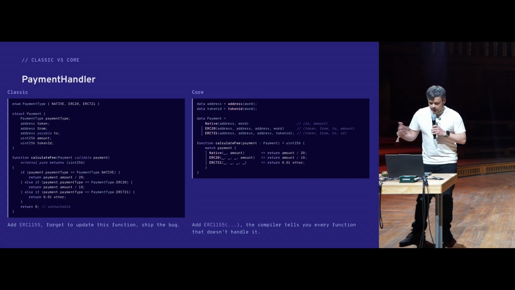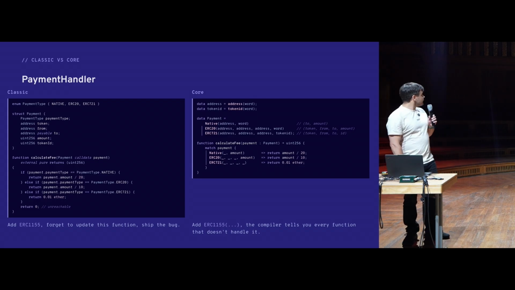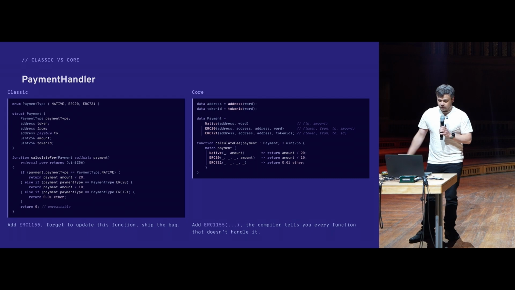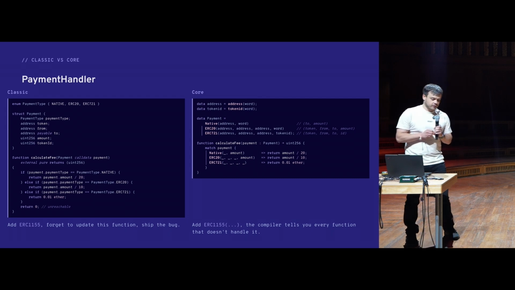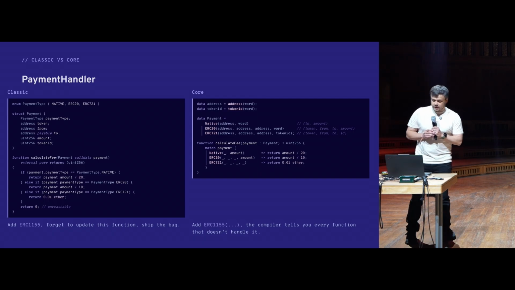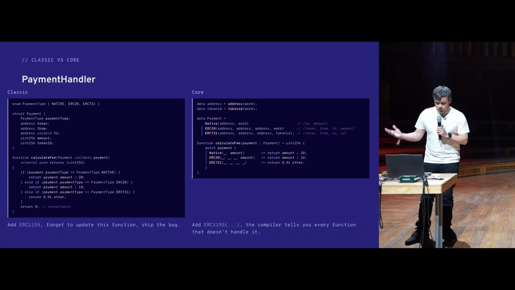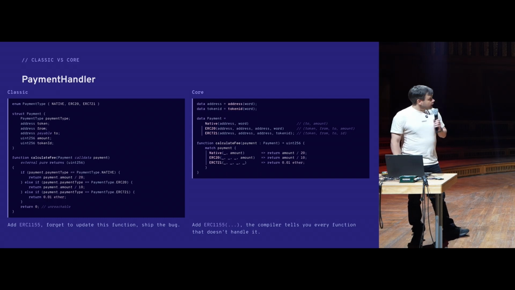In the same way, if we decide to include a new payment type like ERC 1155, nothing would help us on the left side in Classic to ensure that we cover all cases, whereas on the right side in Core, the compiler would tell us whenever we are missing a case or don't handle it correctly. That is a very nice feature of a language, and probably a lot of you are used to something like this from some of the languages you use nowadays.